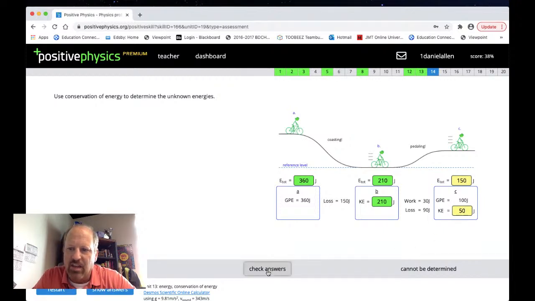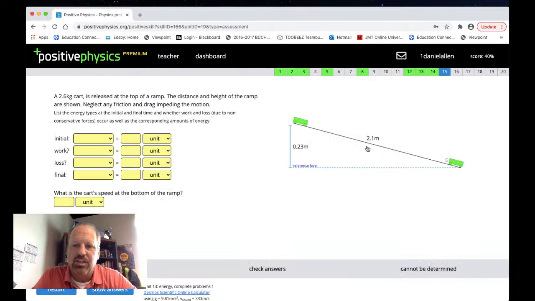Boom, there you go. So you understand: 210 joules of total energy, 30 joules of work was added, 210 plus 30 is 240, 90 joules of loss, 240 minus 90 is 150. Okay, so you get the idea.